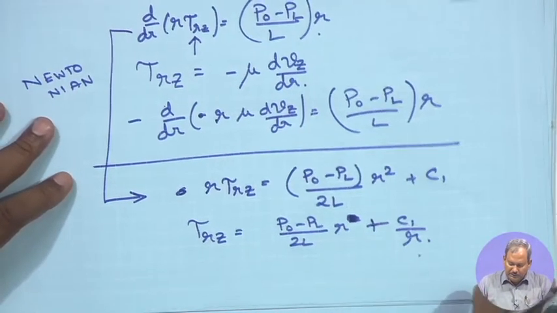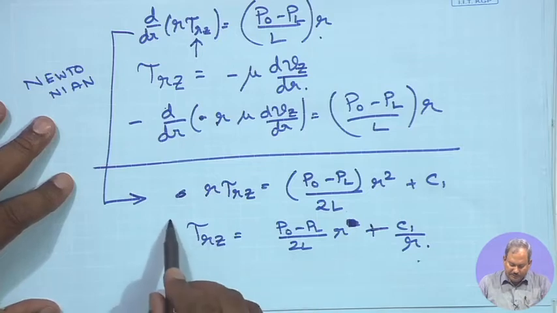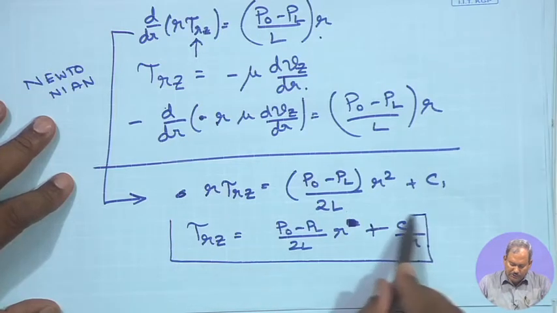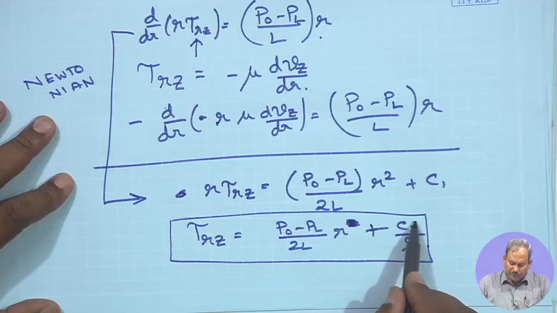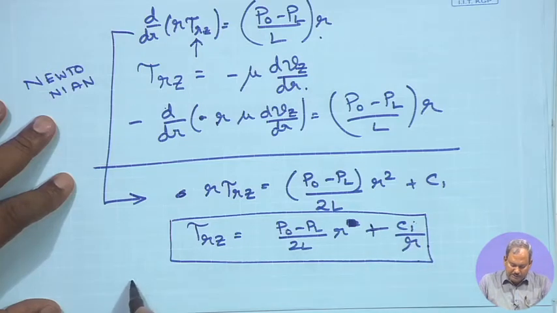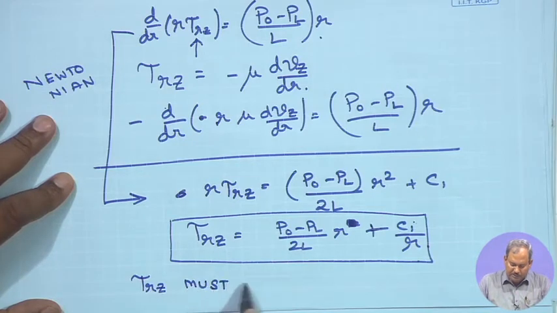Now, we realize that this gives us an opportunity to say something about the value of the integration constant C1. We understand that tau Rz must be finite at r equals 0.